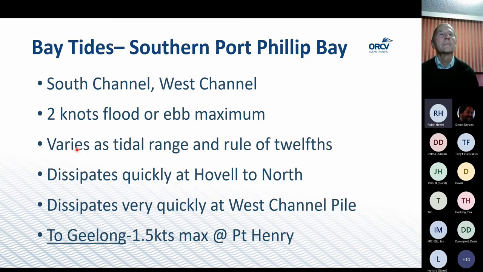Okay, that's good. Once you get out the West Channel or down the South Channel and you get to the Hovel, the tide dissipates very, very quickly. But the interesting thing is if you're going to Geelong, it gets up to 1.5 knots maximum at Point Henry where it narrows.